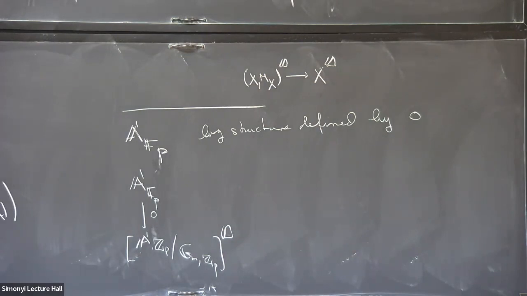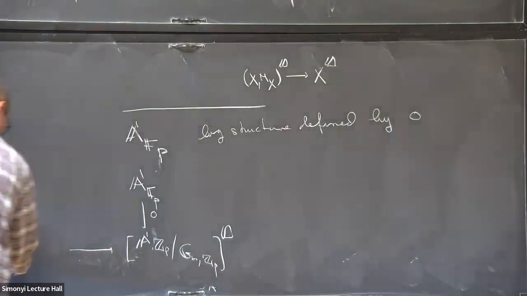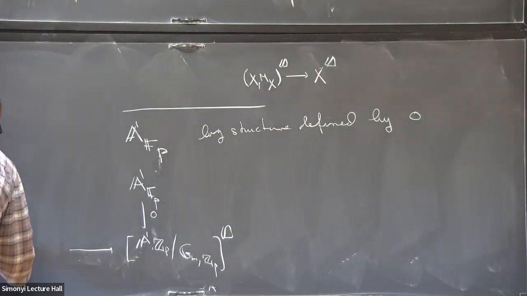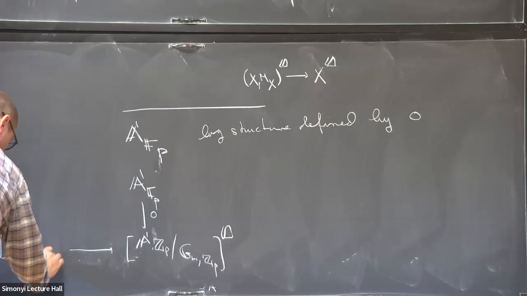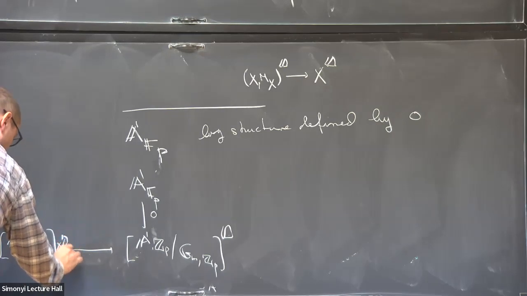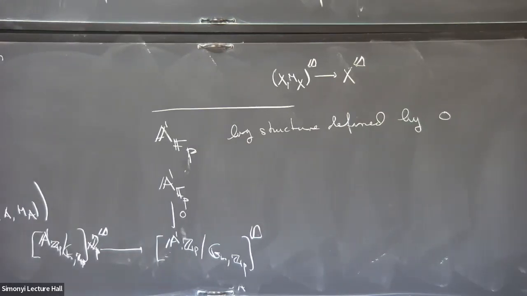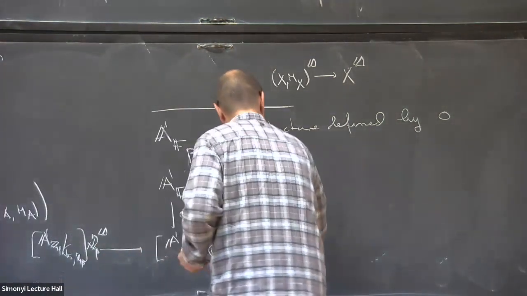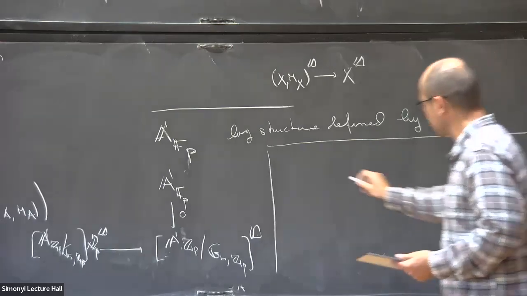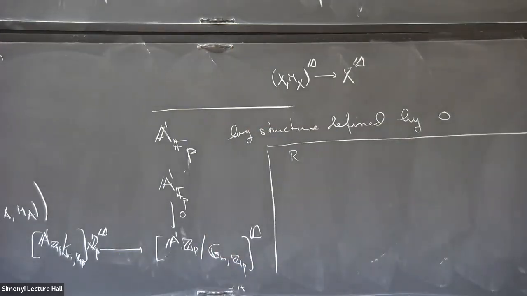Let me just give the moduli interpretation of what we're trying to calculate, the fiber product of this diagram. You give me a p-nilpotent ring R, and I have to tell you what is the value on the fiber product.